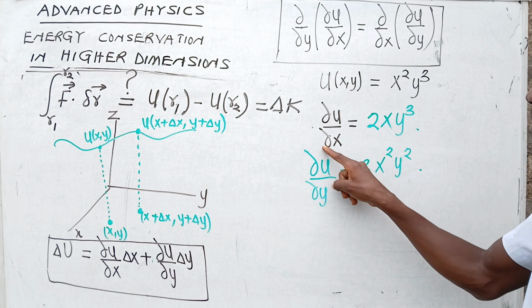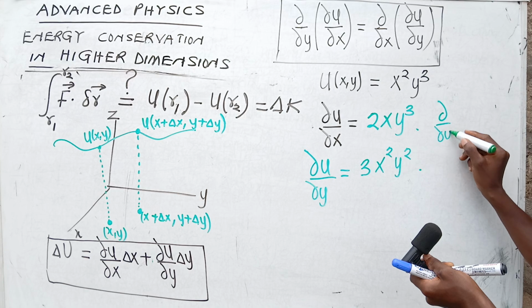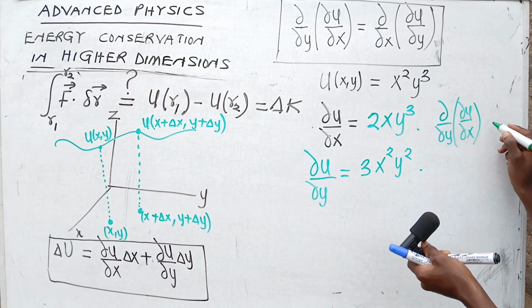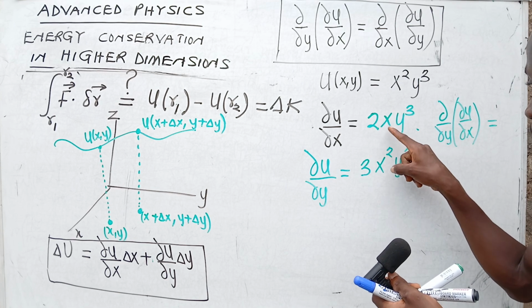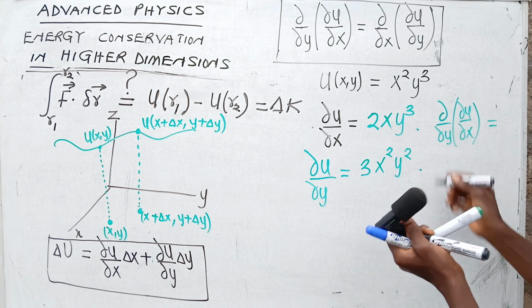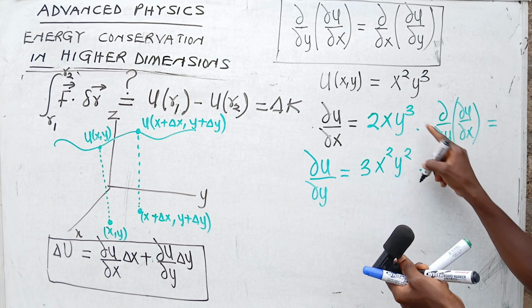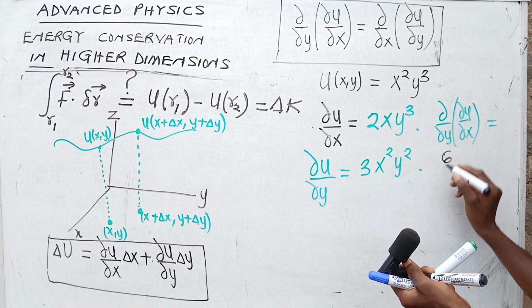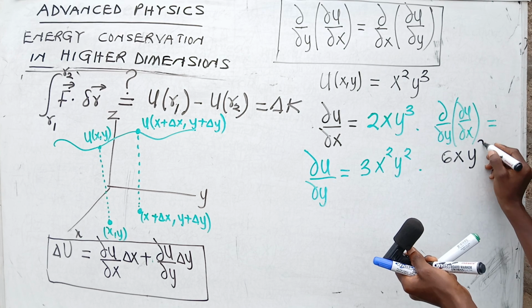Taking the y derivative of this, so we are trying to find d dy of du dx. That is equal to, taking the y derivative of this, we keep x a constant and every other constant. So this is equal to, taking the y derivative, 3 will fall down, so we have 6x y squared.